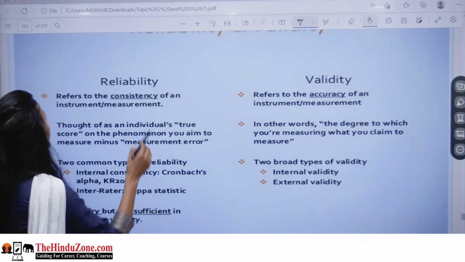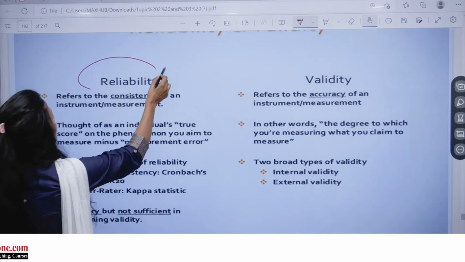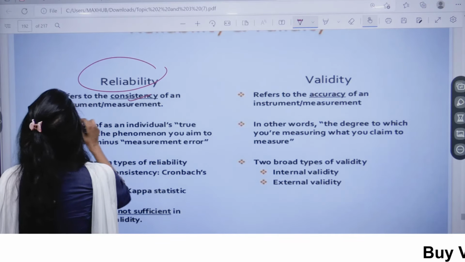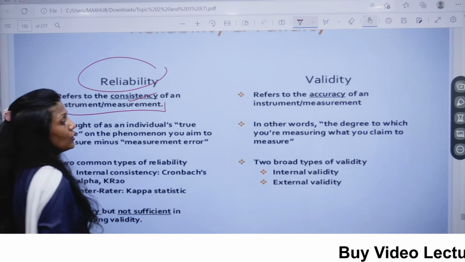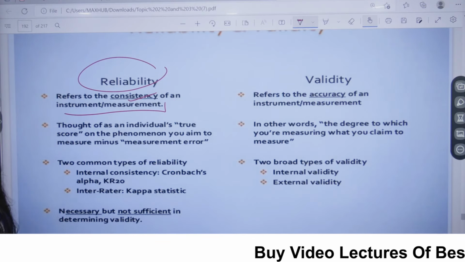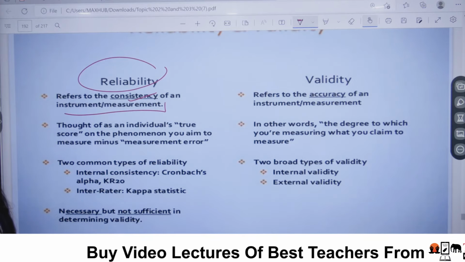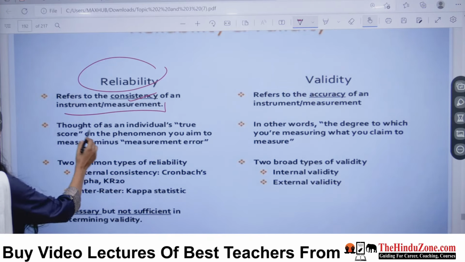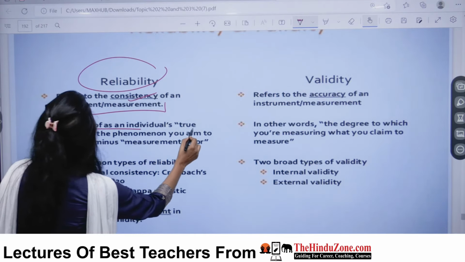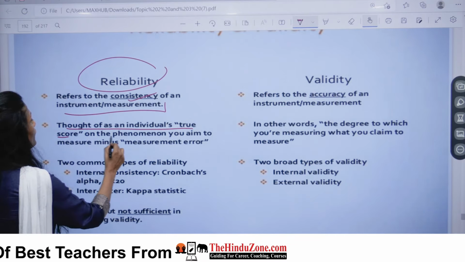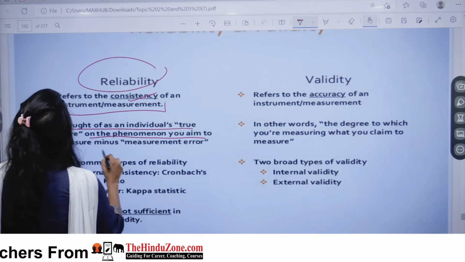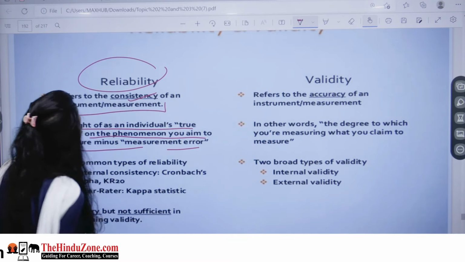So you can say reliability refers to the consistency of an instrument or measurement. Whatever finding I have produced in the research will be consistent. It is thought of as an individual's true score on the phenomena you aim to measure minus measurement error.